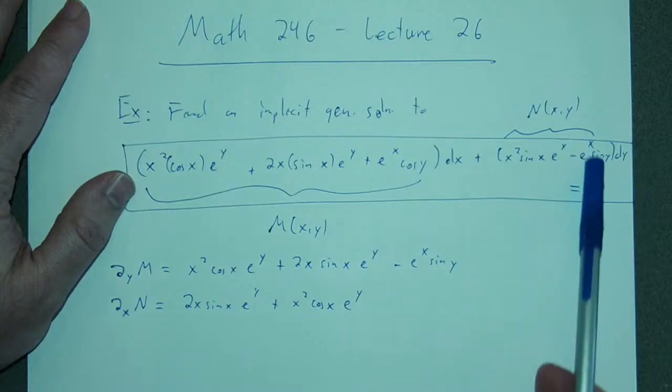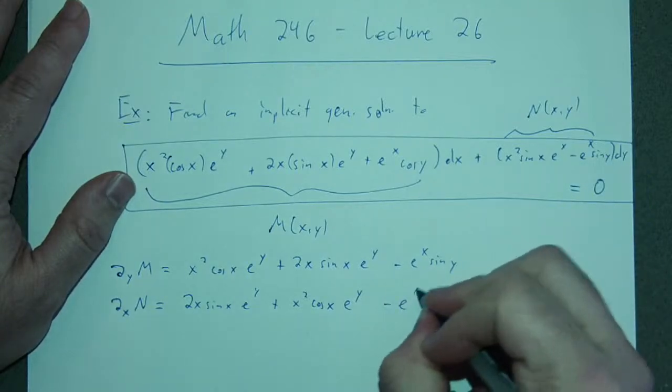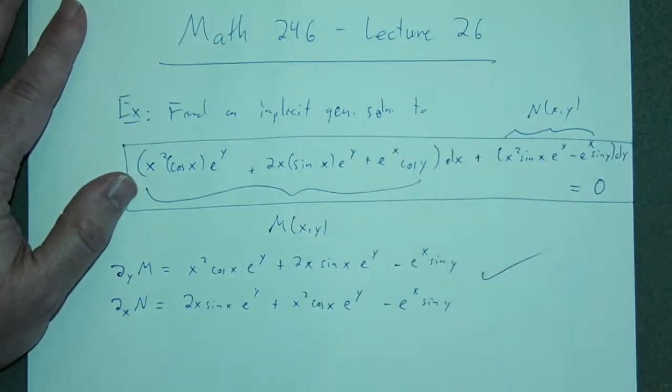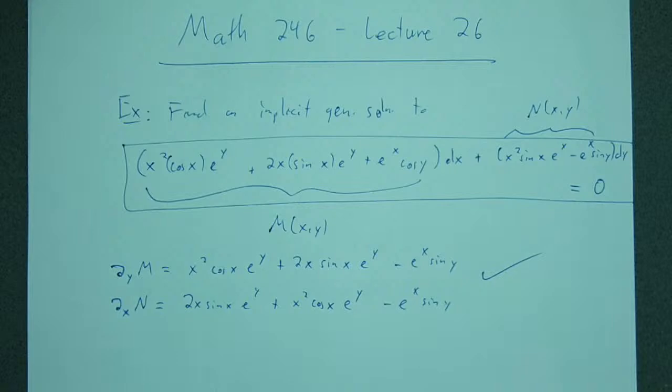And the derivative of minus e to the x sine y with respect to x is just minus e to the x sine y. Those match up, those match up, those match up. These are actually the same thing. Glancing at it at first, it didn't seem like it would work out exactly, but that's why you have to actually check, because here it works out perfectly. So this is an example of a nice one, even if it looks kind of involved.